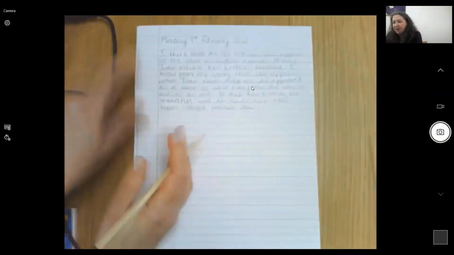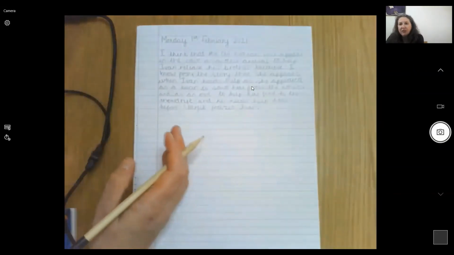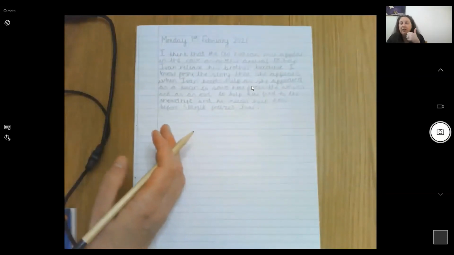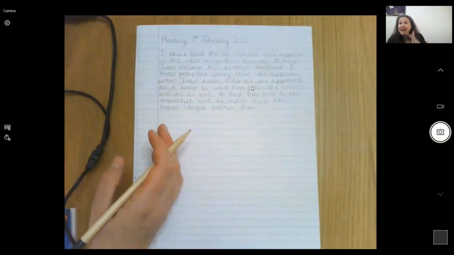So I'm just going to read that back to check that it makes sense and check that I've included everything in it. So I need to start with I think that, I need to include because, and I need evidence from my book.